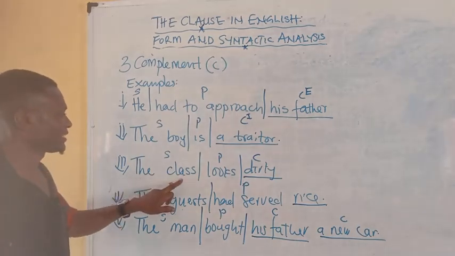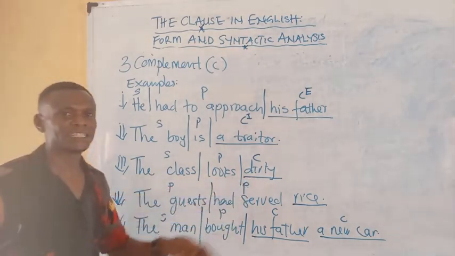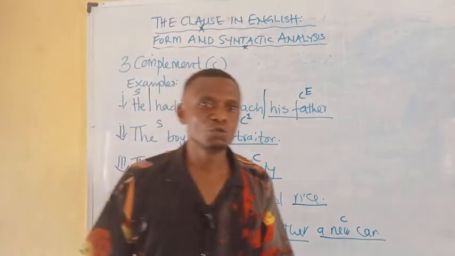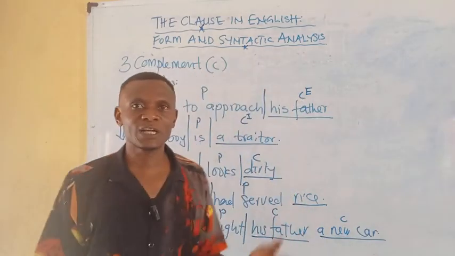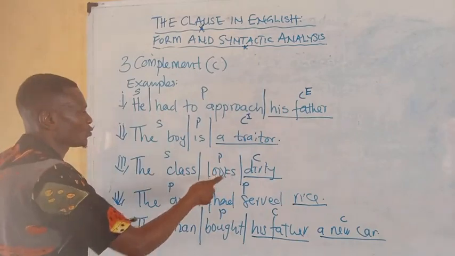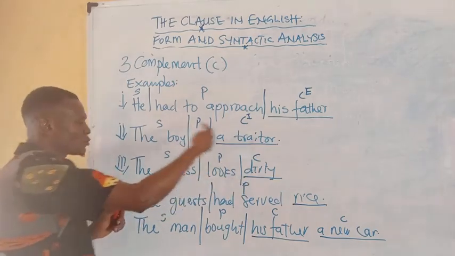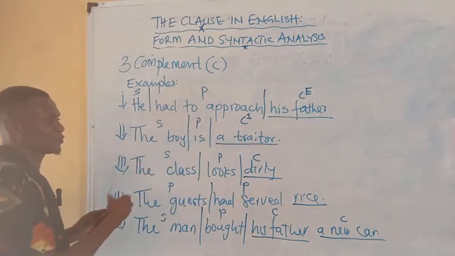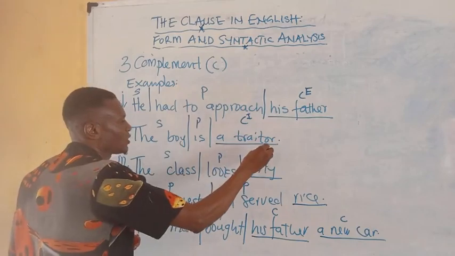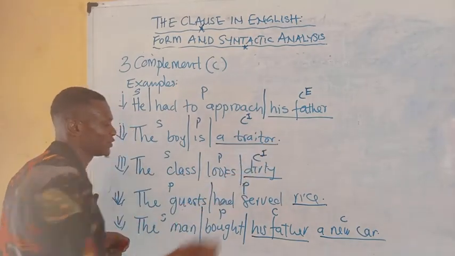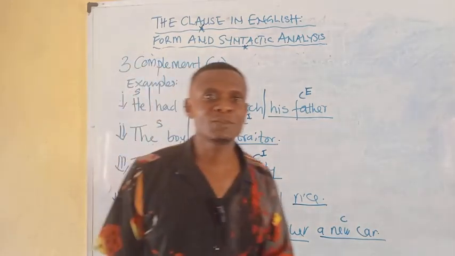Now, number three, if you look at it, the class looks dirty. Dirty here is talking about the class. So it has something to do with the class here. So definitely here will be complement intensive. Try to understand what I'm saying.